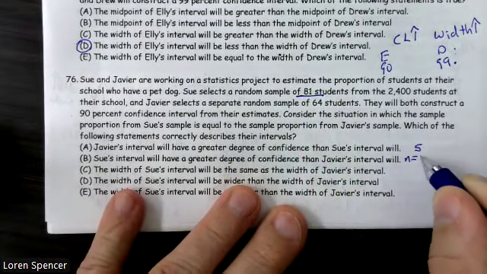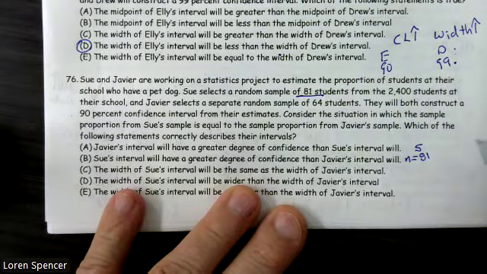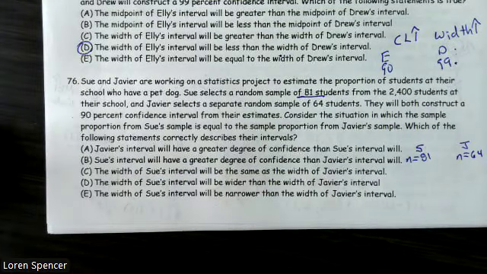Sue's N equals 81 and Javi's N equals 64. They both will construct a 90% confidence interval for their estimates. Okay, so their confidence levels are the same. Consider the situation in which the sample proportion for Sue's sample is equal to the sample proportion from Javi's. Which of the following statements correctly describes their interval?